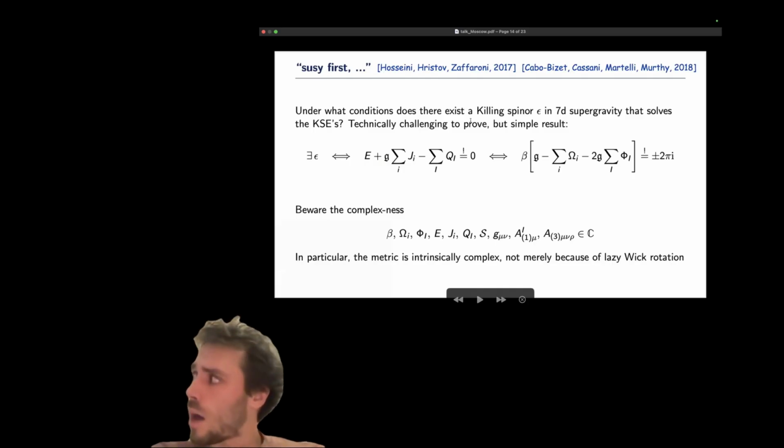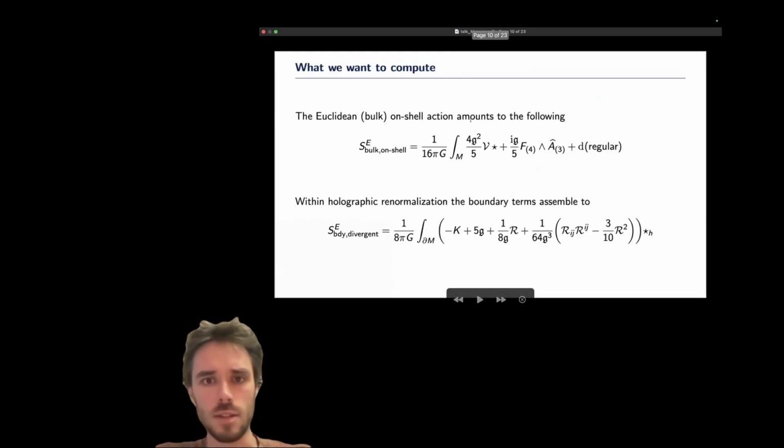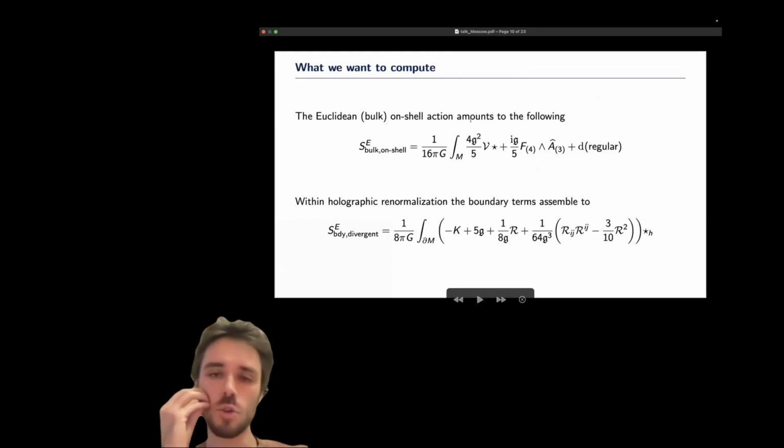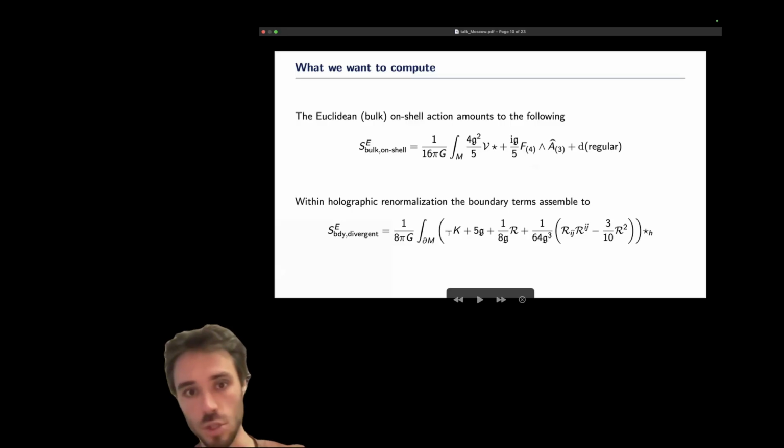Because if you just take an extremal solution, an extremal black hole with a 0 temperature, and you want to calculate this integral, clearly I would have divergences coming at infinity. We already discussed those, so this is divergent. So I include those counterterms to make sure that my answer is finite.